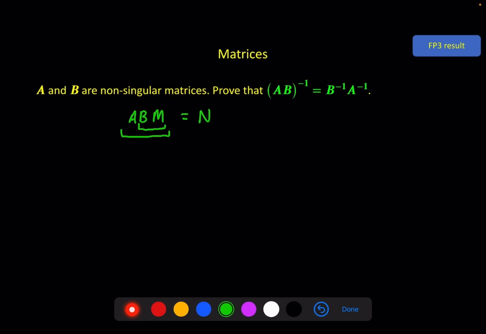Now if I want to invert this matrix multiplication, I can apply the inverse of A on the left. So the inverse of A must be on the left.